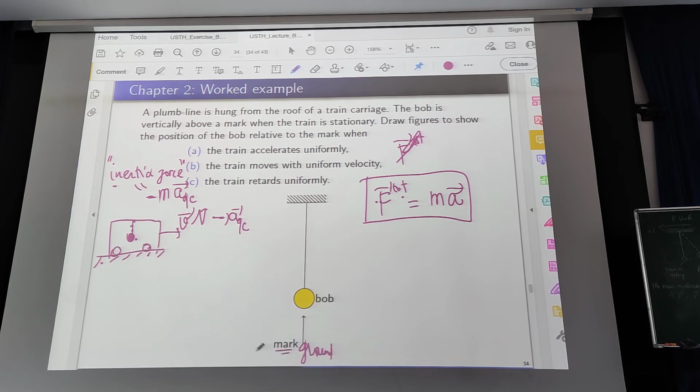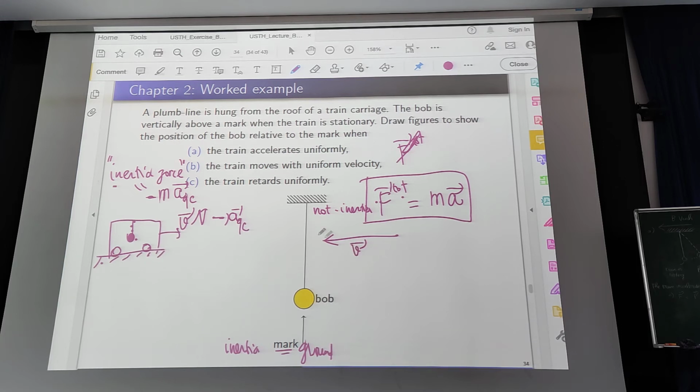So the ground is the inertial frame, and the train is not an inertial frame. We assume that the direction of motion of the train is to the left.